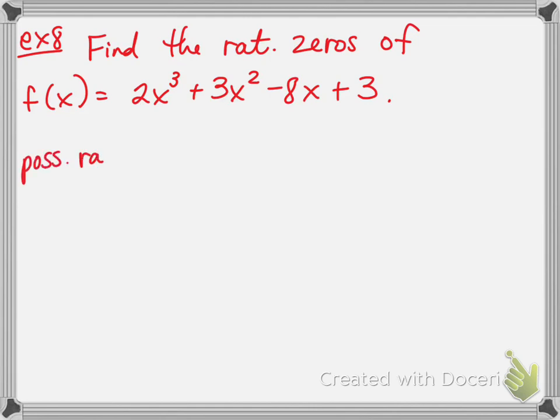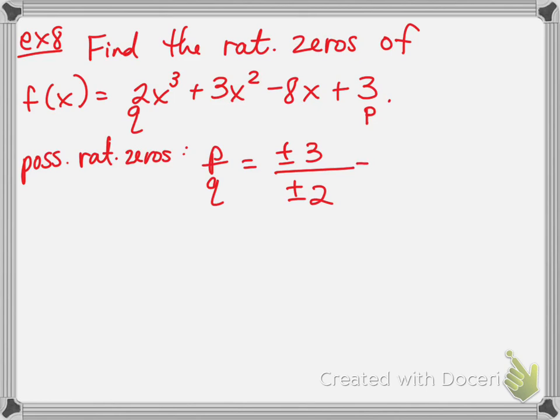So possible rational zeros are P over Q. P is the constant, Q is the leading coefficient, and it can be positive or negative of those numbers. And then you list out all the factors of 3. How can you get 3? 1 goes into 3, and 3 goes into 3.